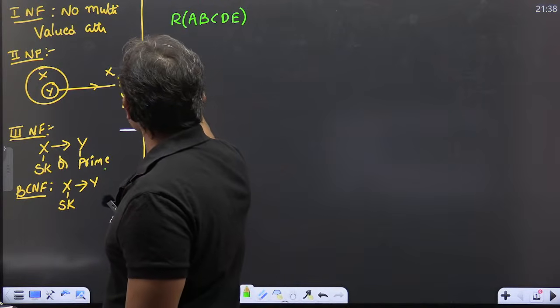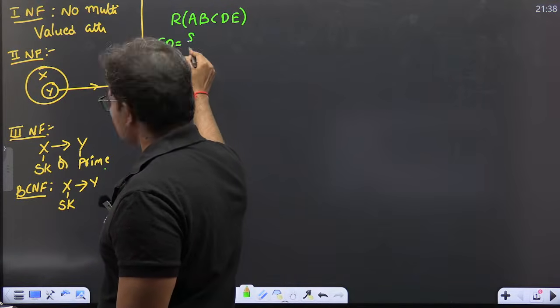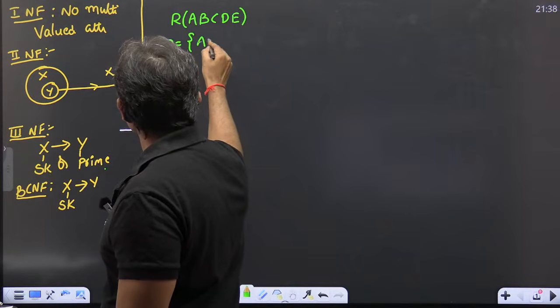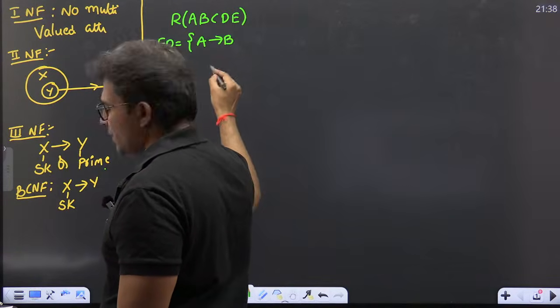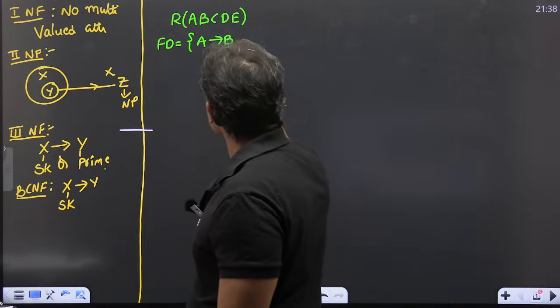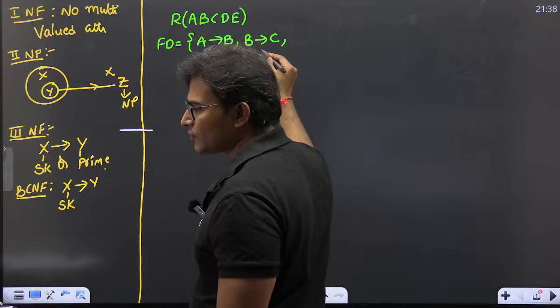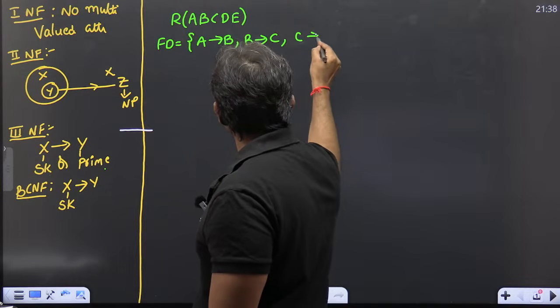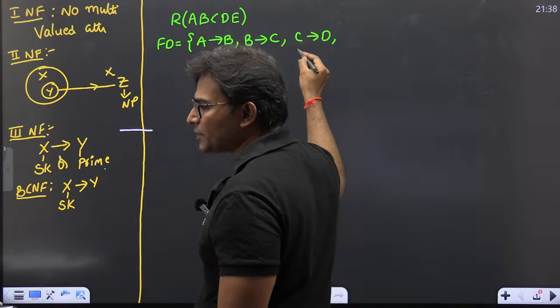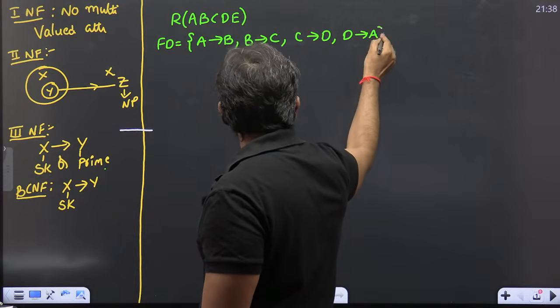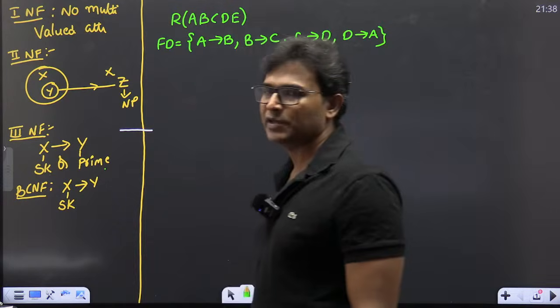And the FD set is: A determines B, B determines C, C determines D, and D determines A. These are all examples from standard textbooks.